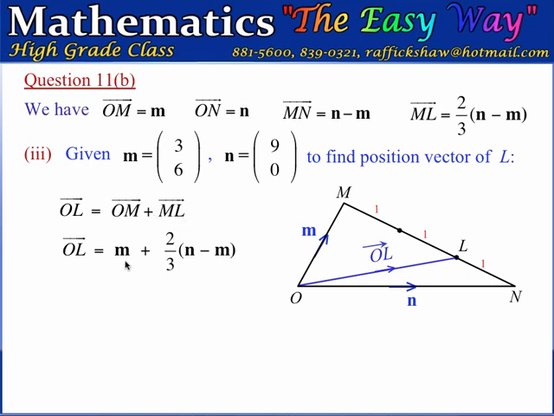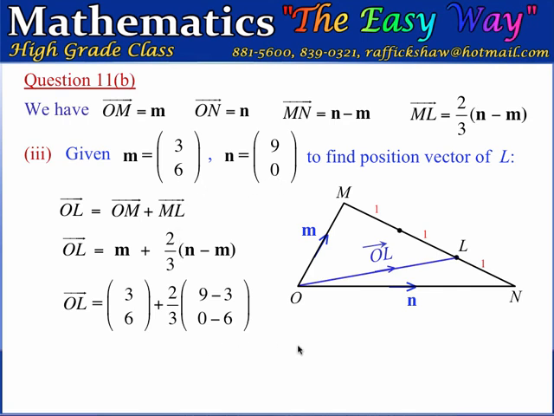And to do this calculation, we can substitute 3, 6 for m here and here, and substitute 9, 0 for n here. This reduces to 3, 6 plus 2/3 of, and n minus m becomes 9 minus 3, that's 9 minus 3, and 0 minus 6.